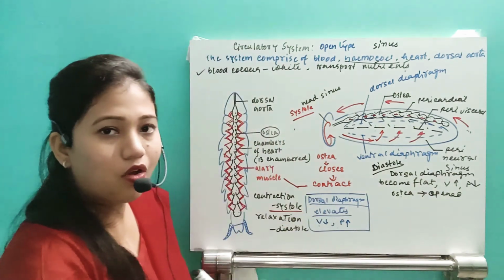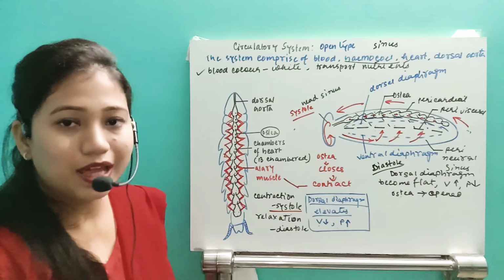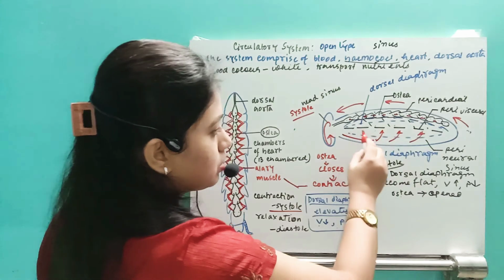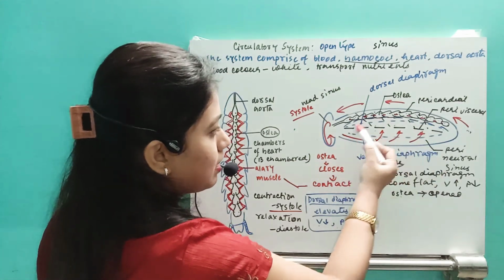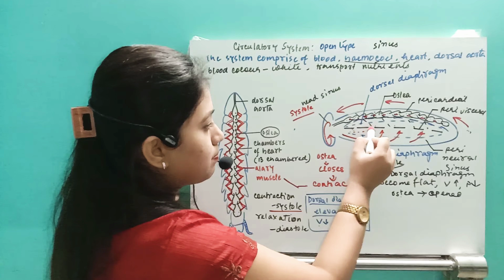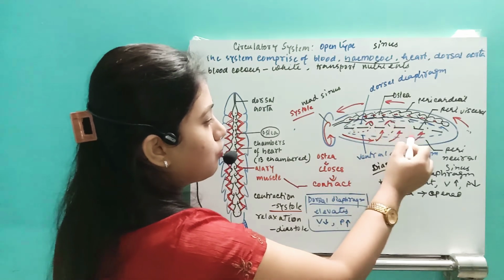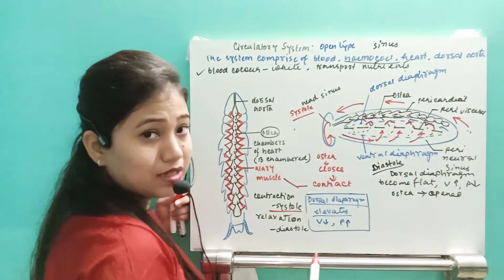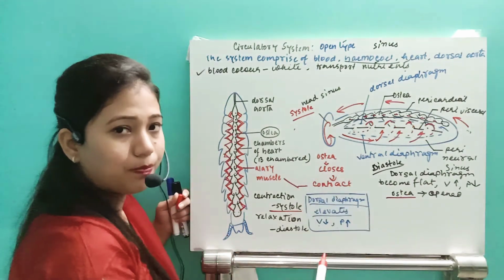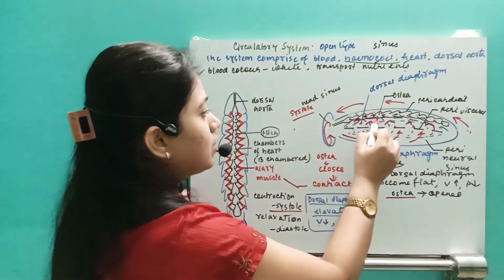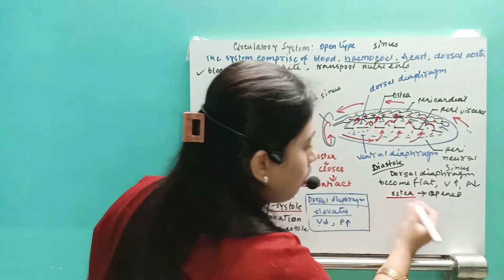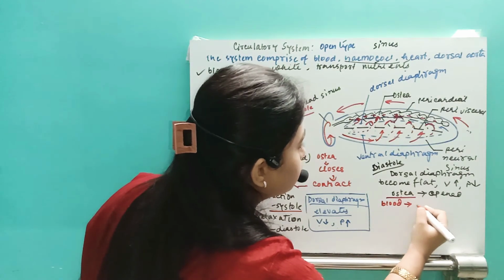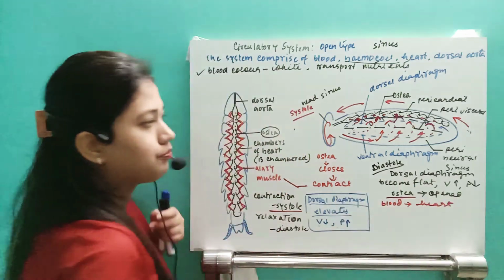Whenever the ostia open, the blood that is present in this region, which is the perivisceral sinus, will move to this pericardial sinus, and from the pericardial sinus, as ostia are already open, blood will move inside the heart.